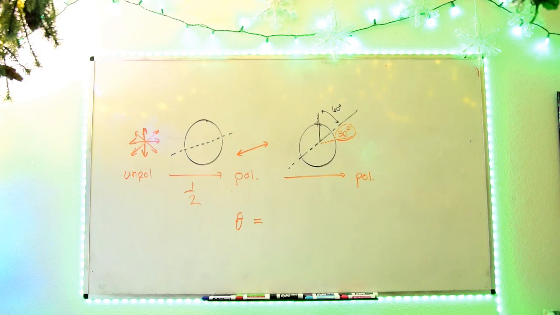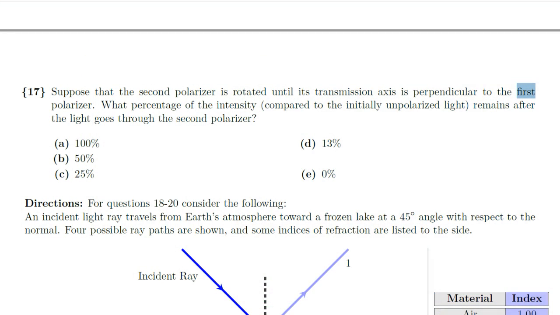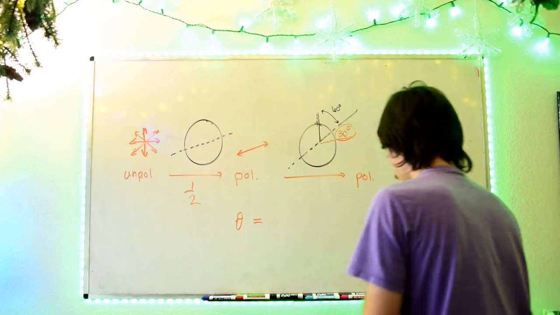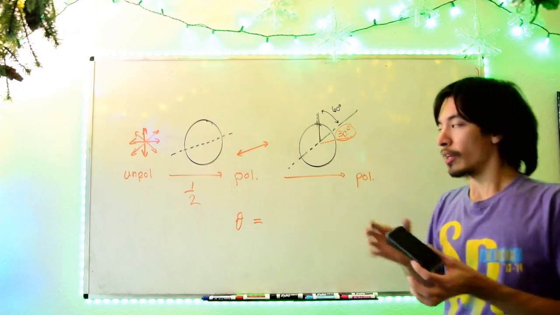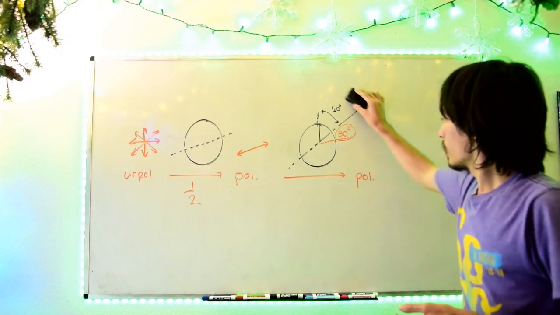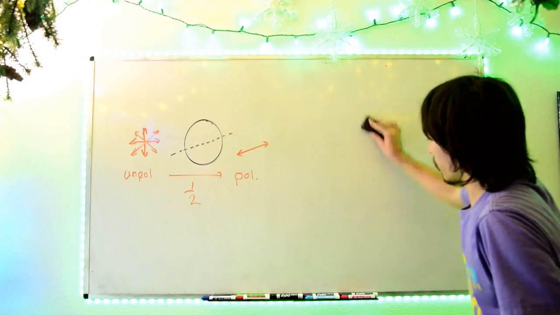There's the question. So if you rotate it until its transmission axis is perpendicular to the first polarizer, you have two polarizers with their transmission axes perpendicular to each other. Let me use this diagram and redraw this out.